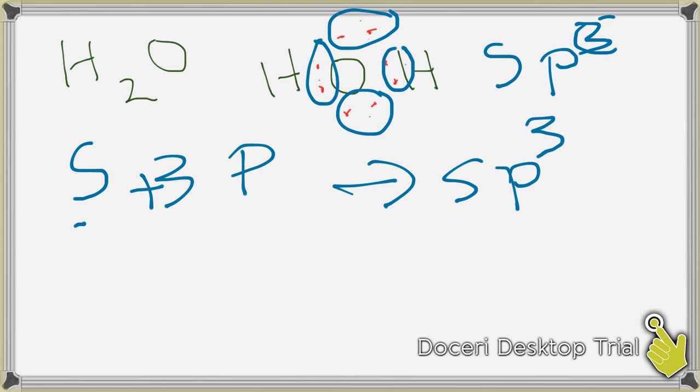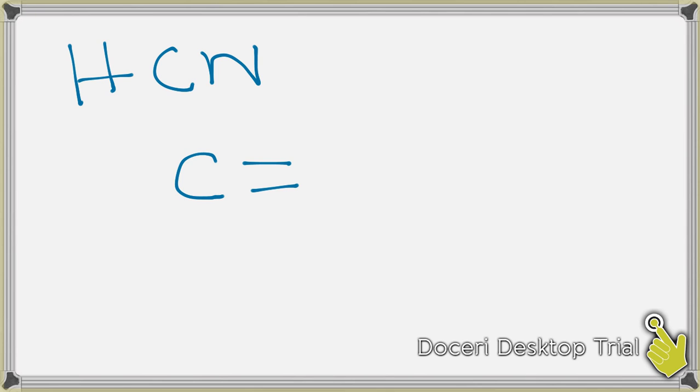Let's take the HCN molecule. So I'm taking a new molecule, which is HCN. Let me draw the Lewis structure. When you draw the Lewis structure, it's very important. By this time, you know how to draw a Lewis structure completely. So I draw one, two, three for hydrogen.